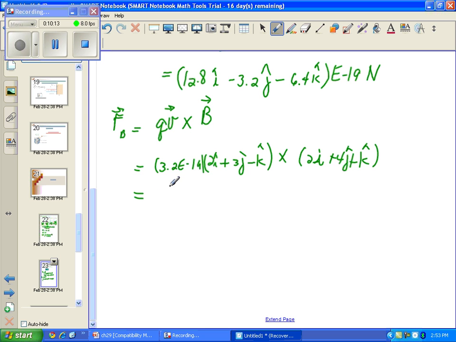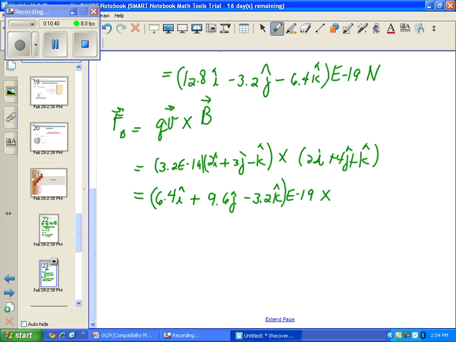All right? 3.2 times 2, we get 6.4 i hat plus 9.6 j hat minus 3.2 k hat. And of course, this will be e to the minus 19.